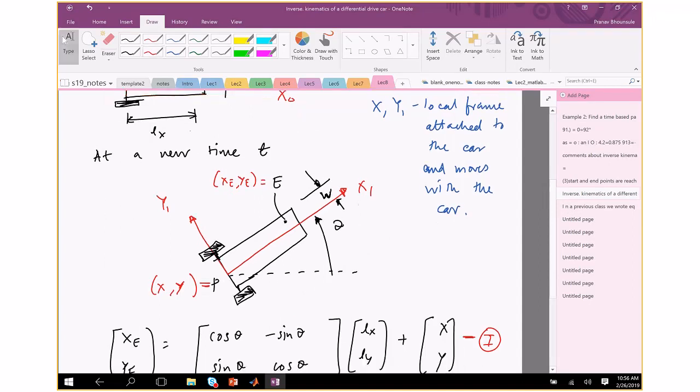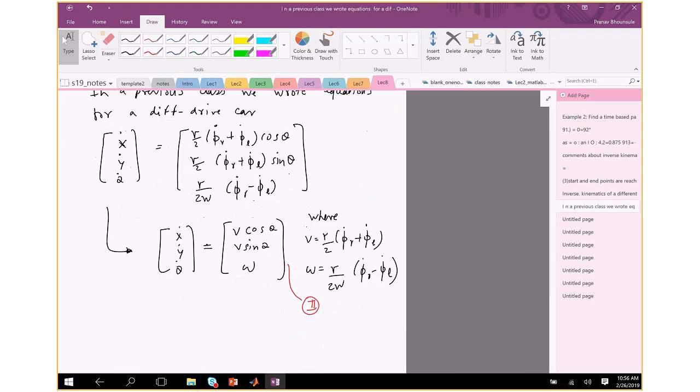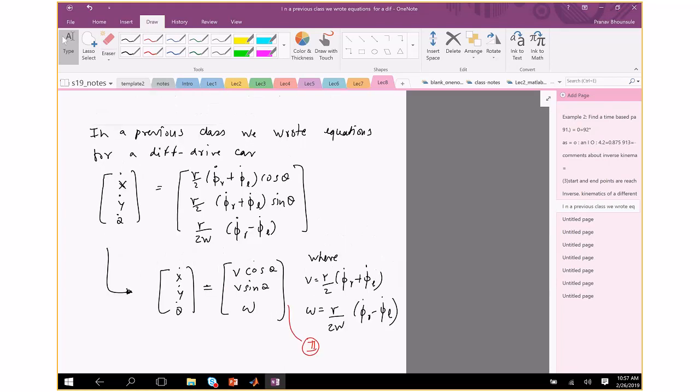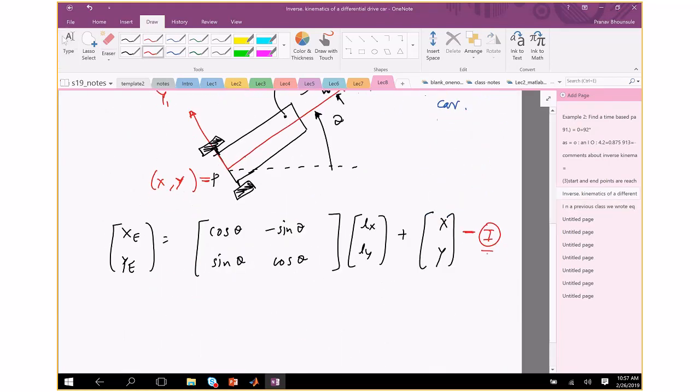So I can control the position of P. P is that point. I can control the velocity of P, x dot, y dot. I can also control theta dot, but I cannot directly control x, y. So the question is, how do you control x, y when the model is in terms of x dot, y dot? So what we'll do is differentiate this expression with respect to time.